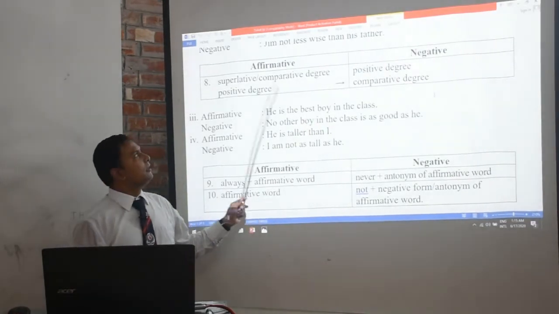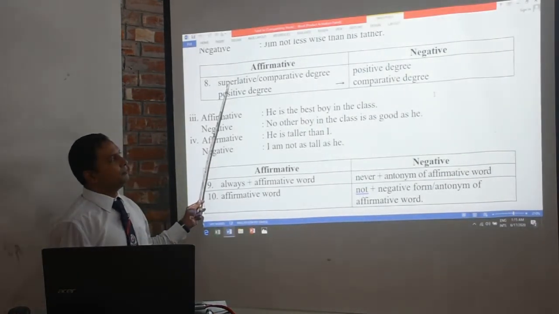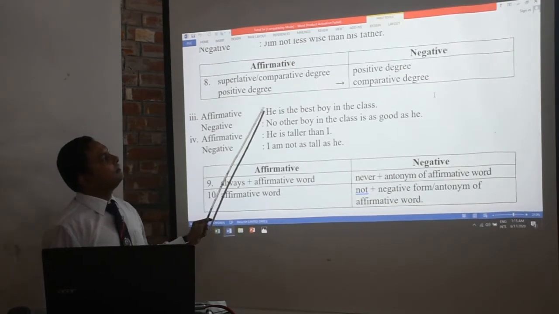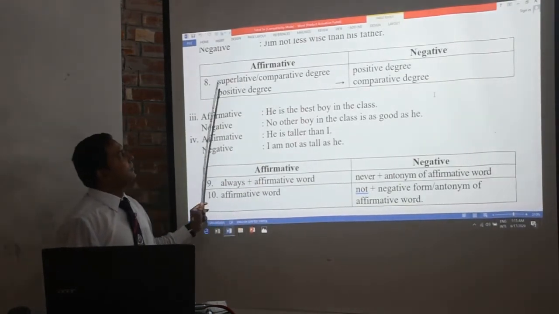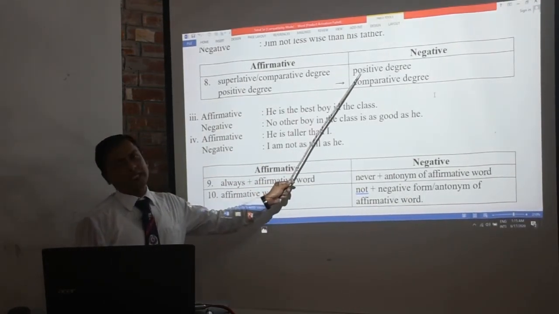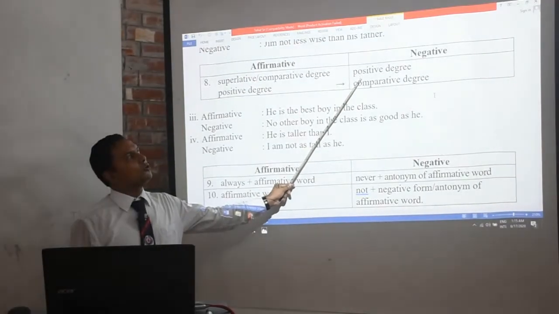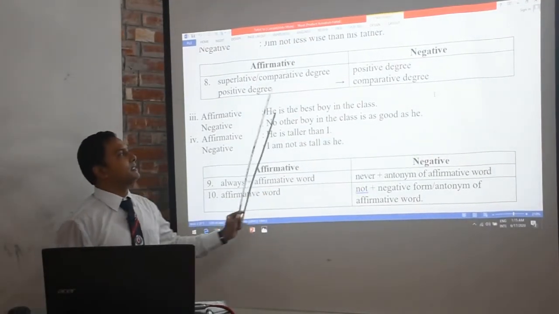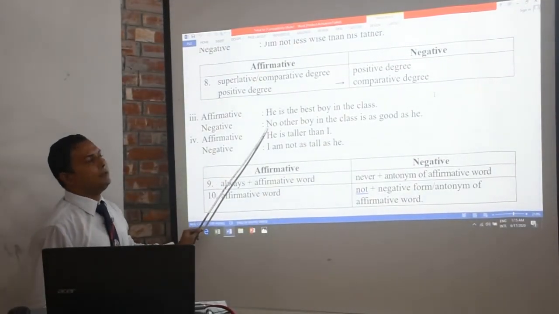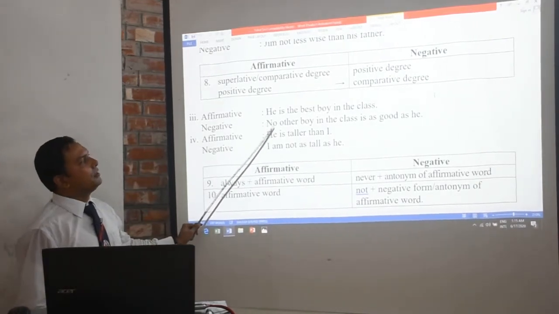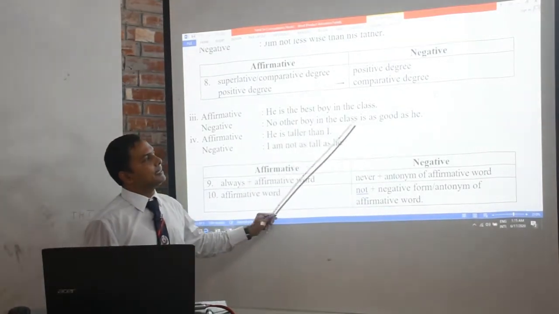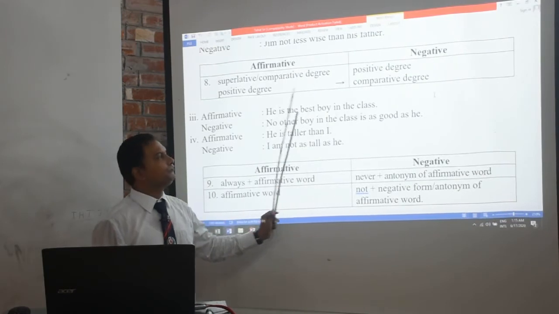This is a superlative degree. The use of superlative degree: the best. So you have to make it positive degree, and it will automatically be a negative sentence. The negative sentence is: No other boy in the class is as good as he.